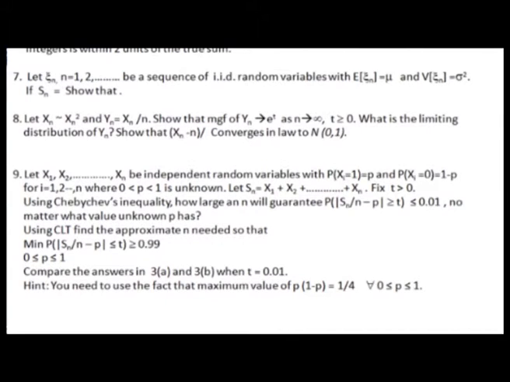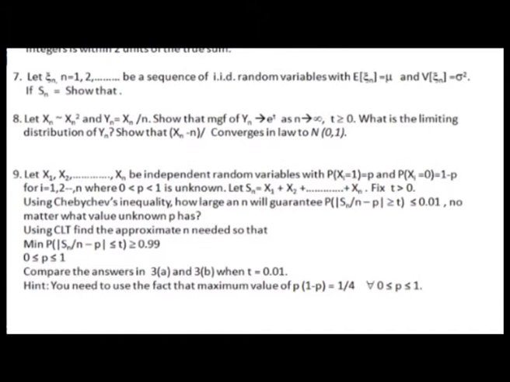Obviously, we are trying to find how many sample values X_1, X_2, ..., X_n we should take, so that the average of the sample values differs from p by more than t, which we have fixed, with probability less than 0.01.